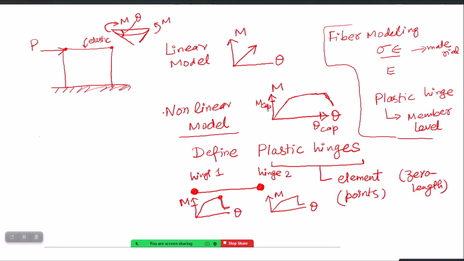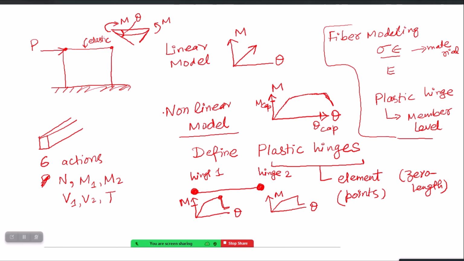We know that those 6 actions are the axial load, let's say N, axial action. Then we have 2 bending moments, let's say M1, M2, and then 2 shear forces, let's say V1, V2, and then there is a torsional moment also, the moment about the vertical axis.